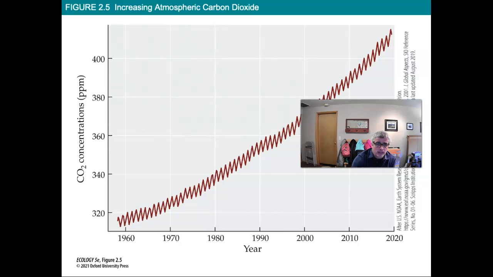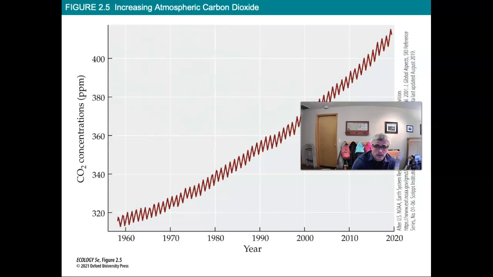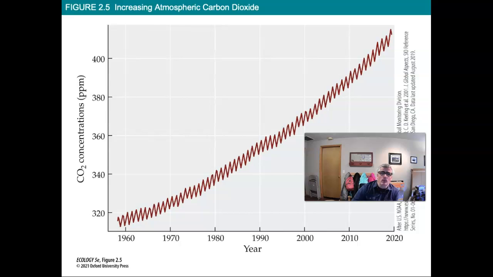Now, I often say if there's only one graph in science, the Keeling curve is probably the most important. This is the Keeling curve. I'll jump to the next image, which is the carbon dioxide values for today, and then talk a bit about Charles Keeling and then now Ralph Keeling.